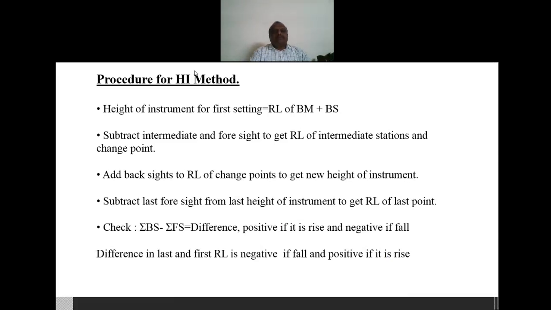If the value is positive, it is a rise. If the value is negative, it is a fall. This will be equal to the difference between the last and first RL of the tabular column of the table.